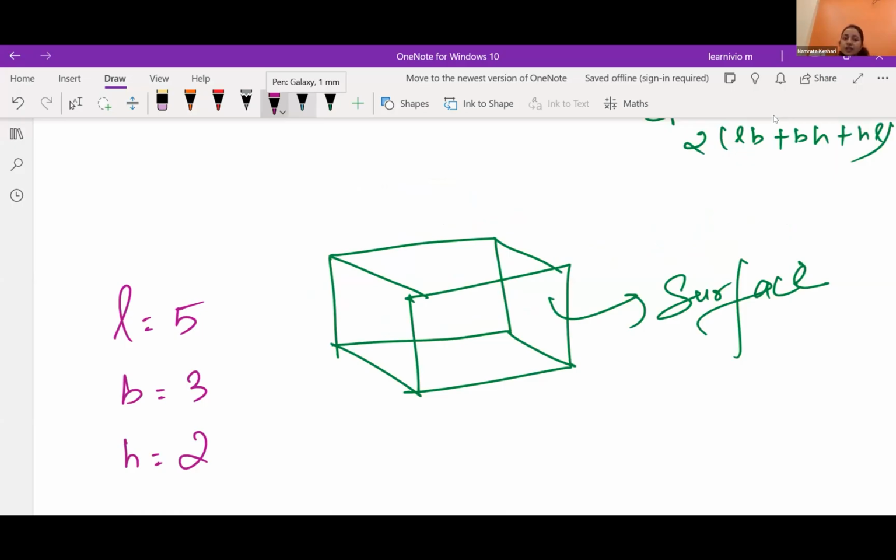How will you find the surface area if you have understood the concept? Tell me how you are going to find it. All the surfaces are there except the top one.